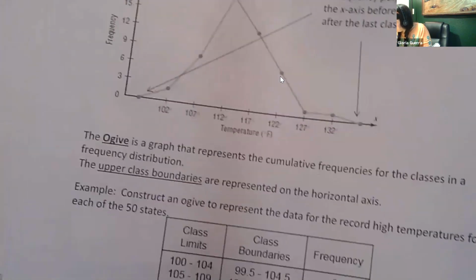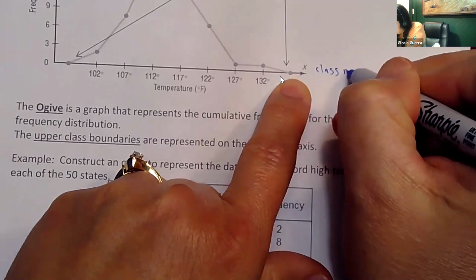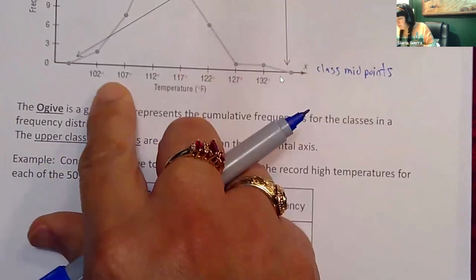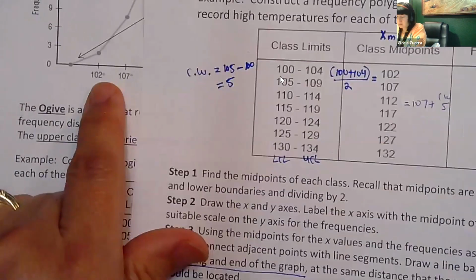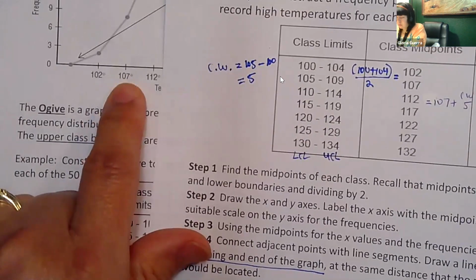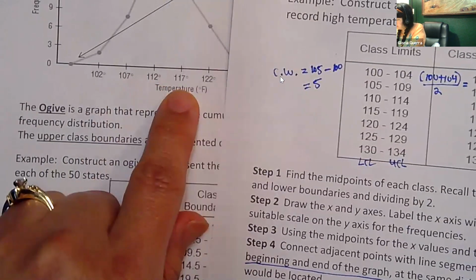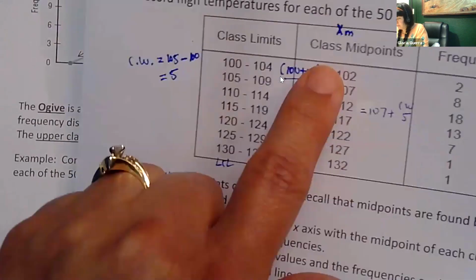So you'll notice that these are the class midpoints: 102, 107, 112, 117. So they've got these listed there.